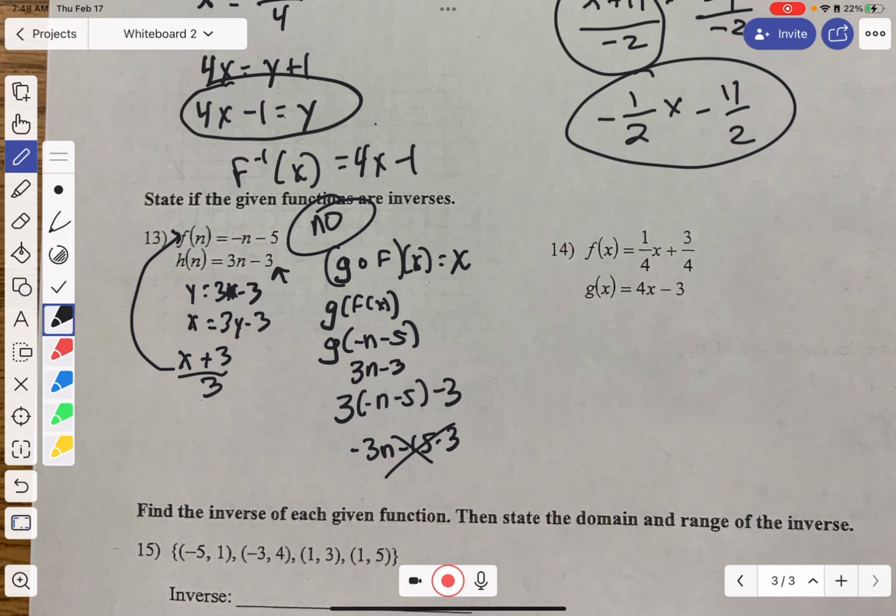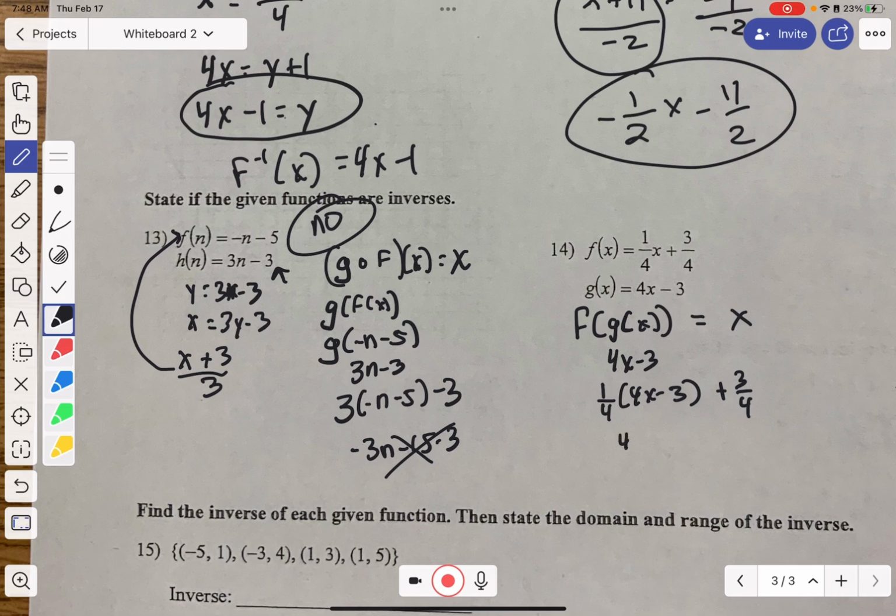Number 14, again, we're going to find f of g of x to see if that is going to equal x. So my g of x function is 4x minus 3. So in my f function, anywhere I see an x, I'm going to put 4x minus 3, which is a lot of fun to do.